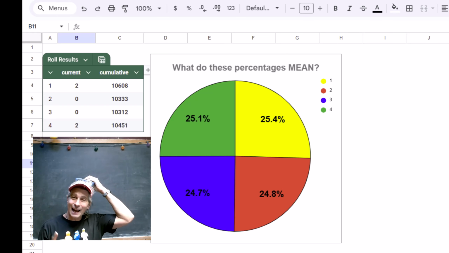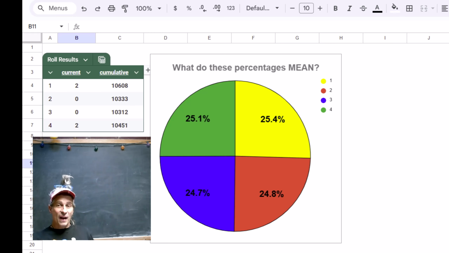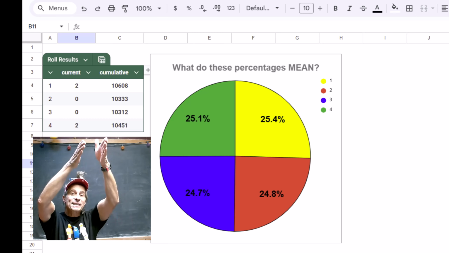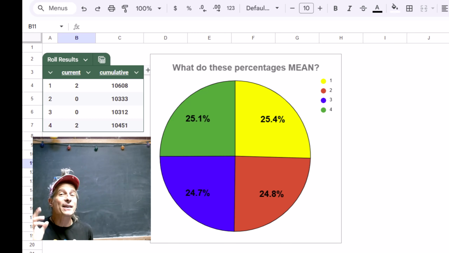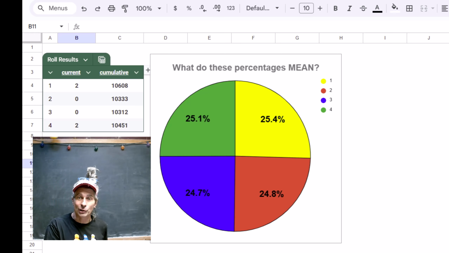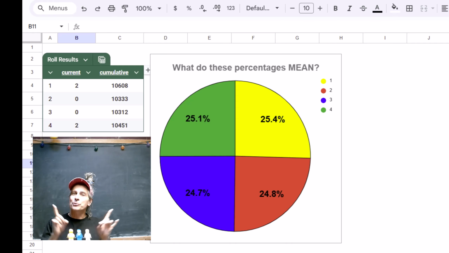It does not guarantee that on the next trial, you're going to get one of each. It guarantees that on many, many, many trials, you're going to see 25% of each of the results. So in the short term, it doesn't tell you anything. It only tells you something in the long term. Hopefully that makes sense.